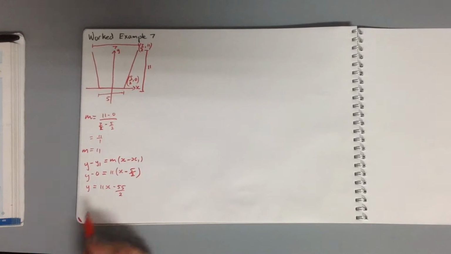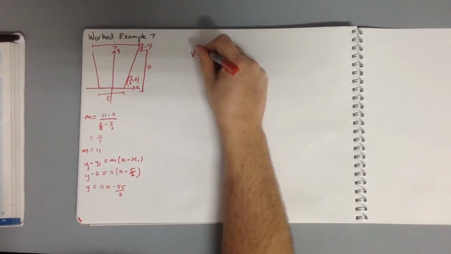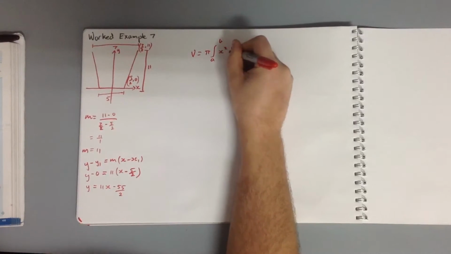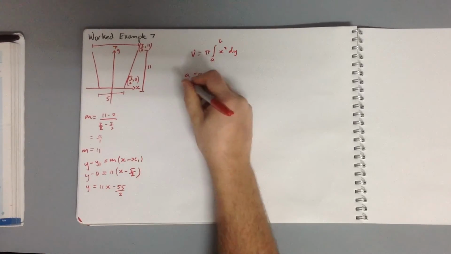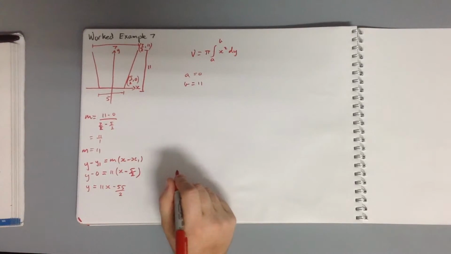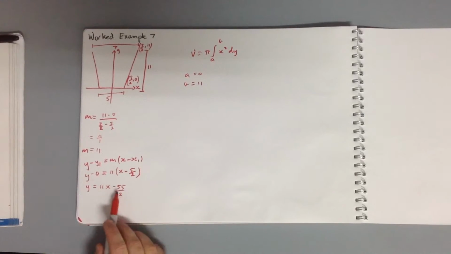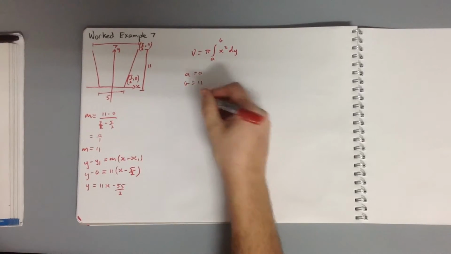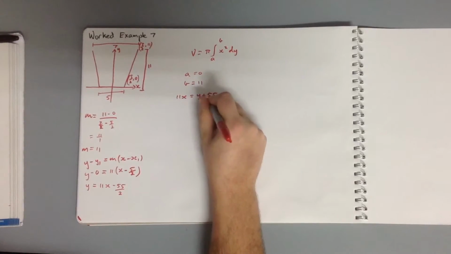So we need to set up our integral. We know that we're going to be rotating around the y-axis, so V equals pi times the integral from a to b of x squared dy. We know our a is 0 and our b is 11. Now what we need to do is work out what x equals, so we're going to have to do some rearranging. We make it 11x equals y plus 55 on 2.